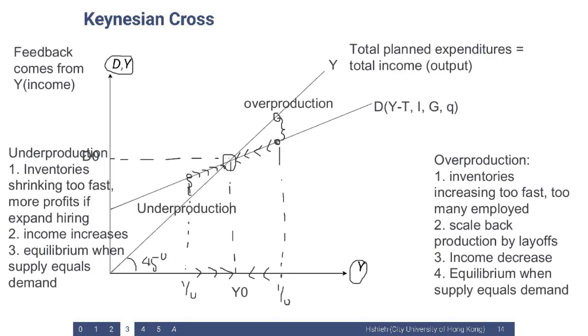This is the output level. The current output level at this point is too much, so you want to move towards here. Here you have Y_U below Y naught, but demand exceeds what's being produced. So you have every reason to move towards Y naught. And as people get wealthier or people get laid off, that's the mechanism that allows us to achieve the Keynesian cross.